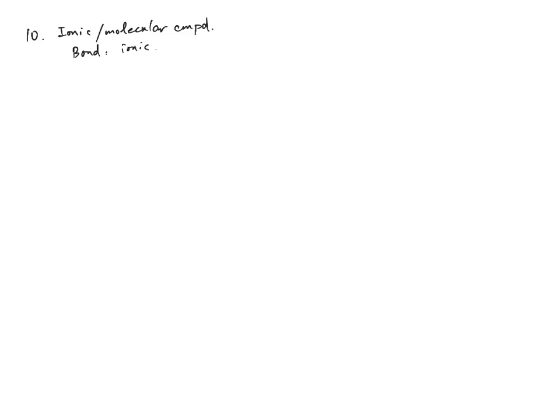Ionic bonds is the electrostatic attraction between positive and negative ions, and in molecular bond you have covalent bonds. Okay, and of course for ionic bonds, the ionic compound, there's also a possibility of not only you have single monoatomic ions, you could also have polyatomic ions.